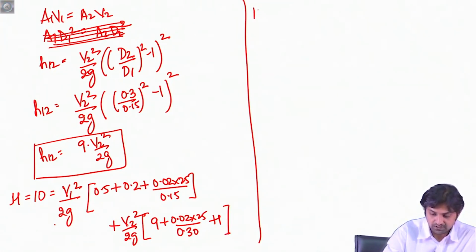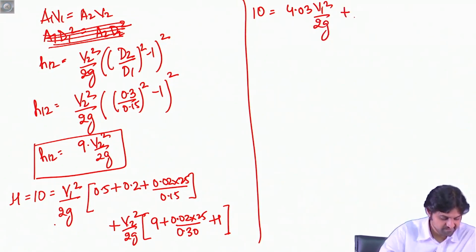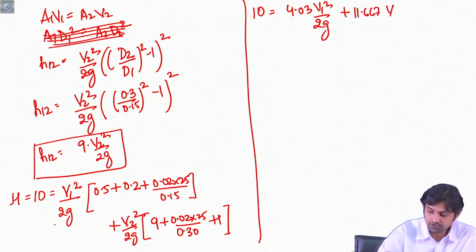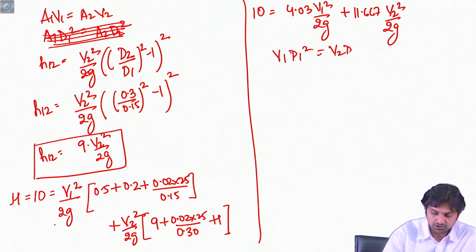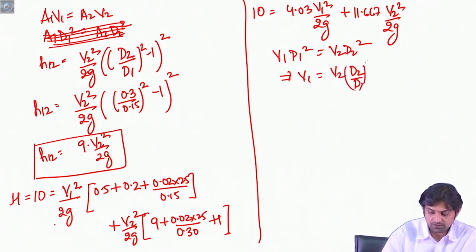So 10 is equal to 4.03 V1 square by 2g plus 11.667 V2 square by 2g. We also know that V1 D1 square is equal to V2 D2 square. This implies V1 equals V2 into (D2 by D1) whole square, which implies V1 is equal to 4 V2.